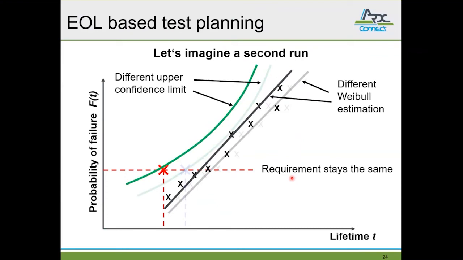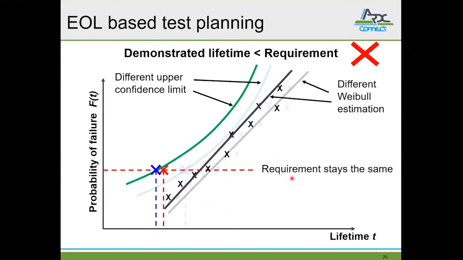Only due to the natural scattering of the lifetime, this can look like this, for example. In this case, our requirement is bigger than the demonstrated lifetime, and it is not a successful run.